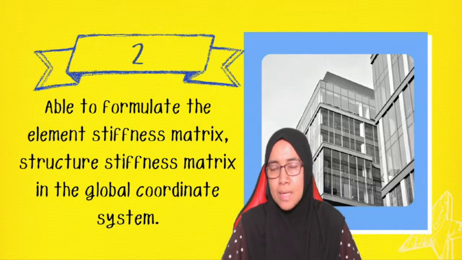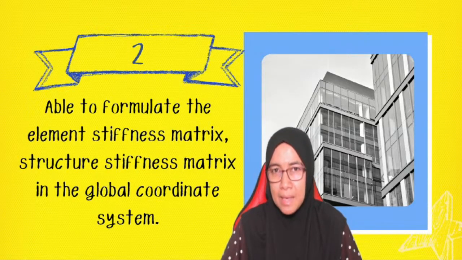The k1, k2, k3 are the element stiffness matrices, and we use the small letter k. The combination of many elements produces what we call the structure stiffness matrix, and the symbol is capital K.